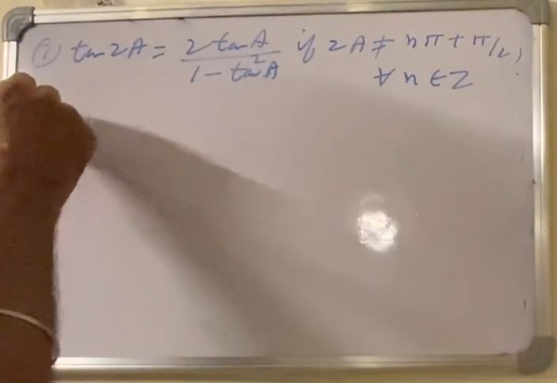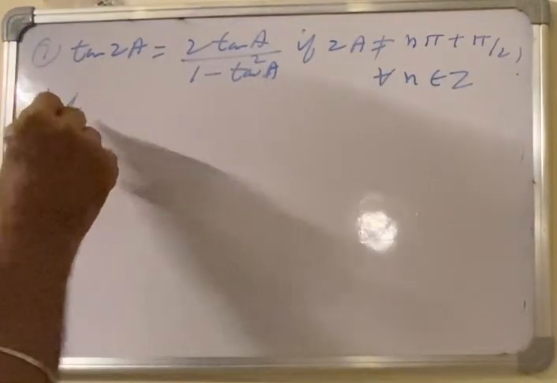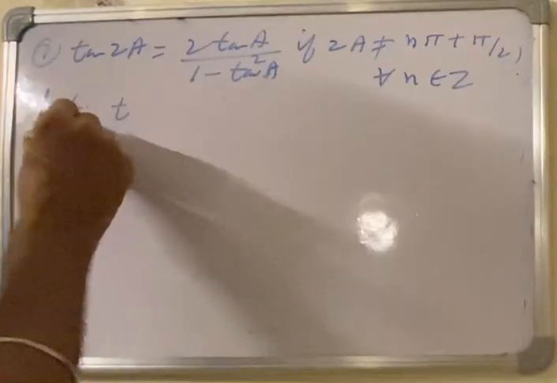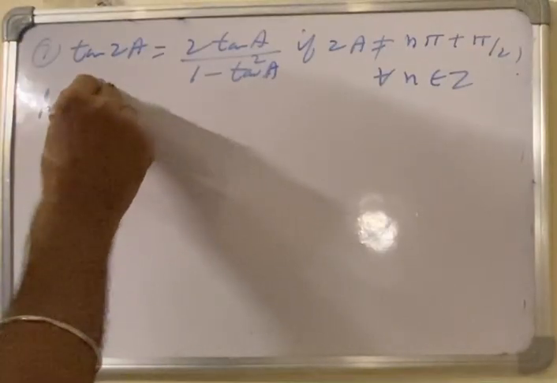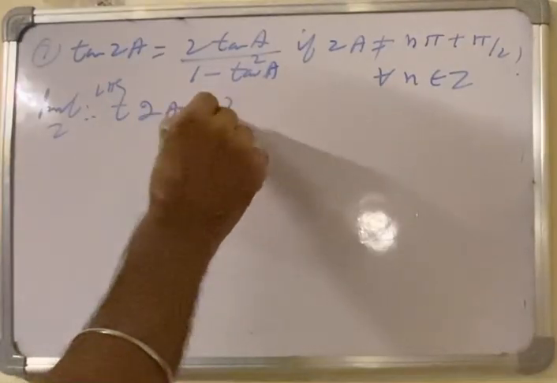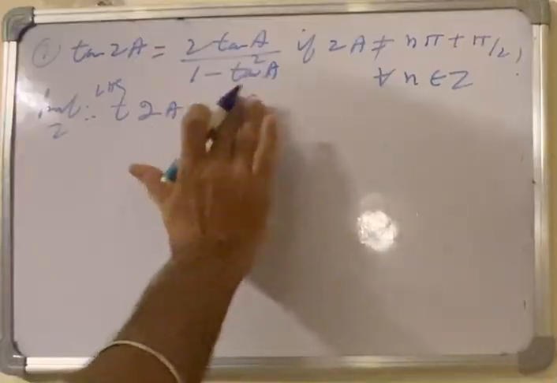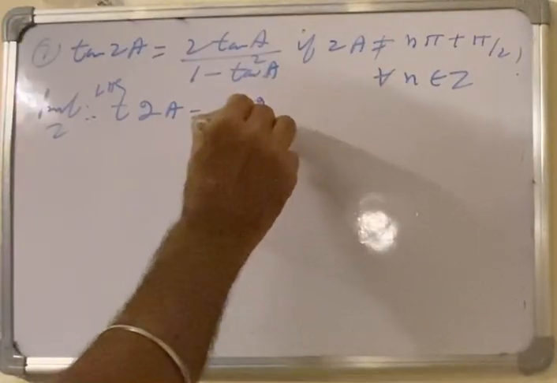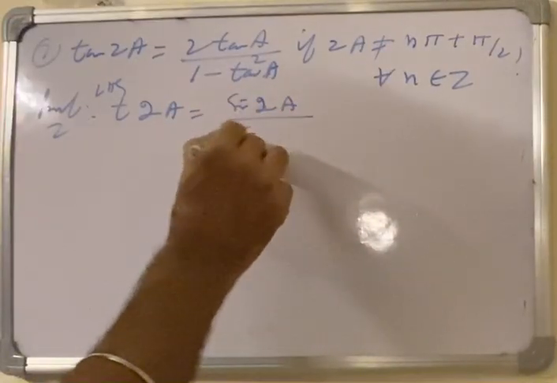Now proof: left hand side, tan 2a is equal to sine 2a over cos 2a.